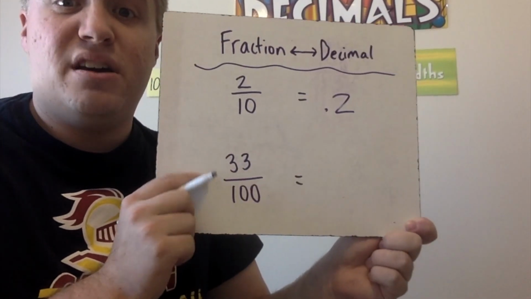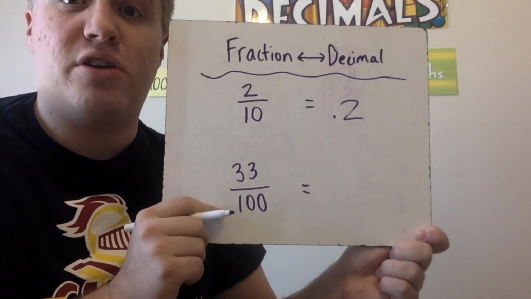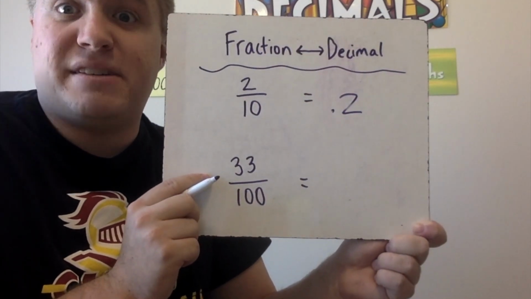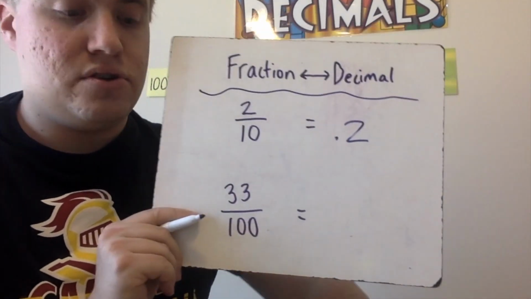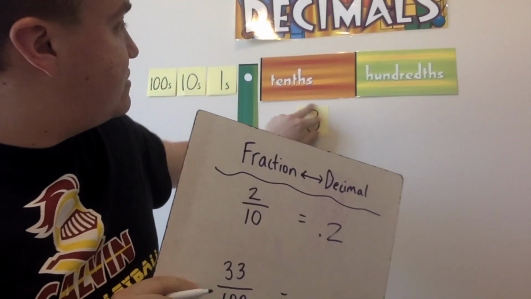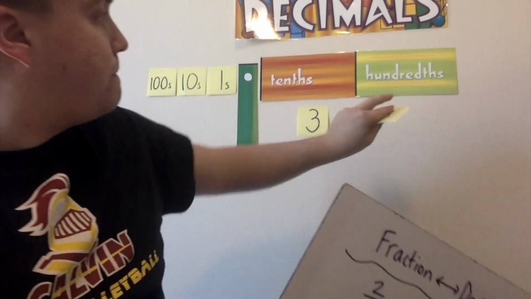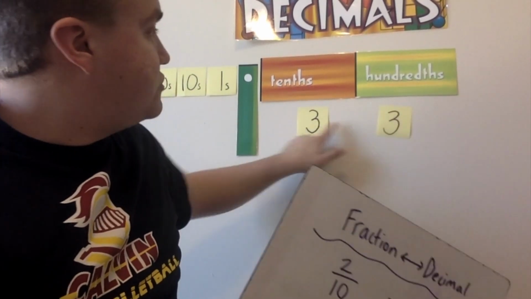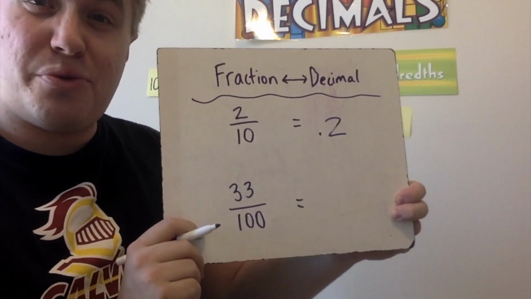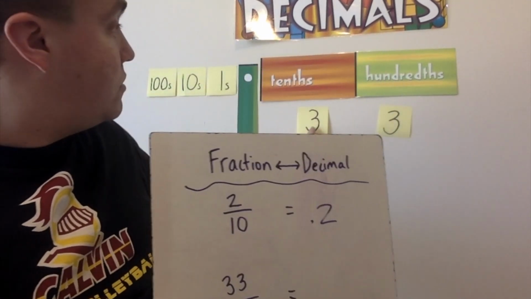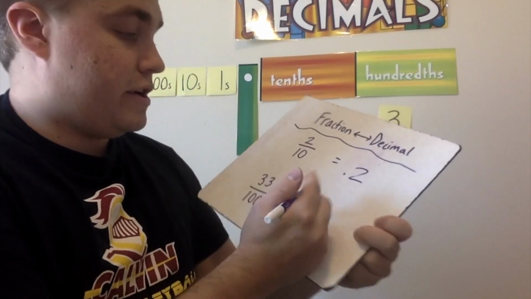Well, 33 hundredths, 33 over 100. I just need to write my decimal down as I read it. 33 hundredths. Well, let me put it up here a second. 33 hundredths, right? Just as I read my fraction here, 33 hundredths. Decimal 3, 3. All right?